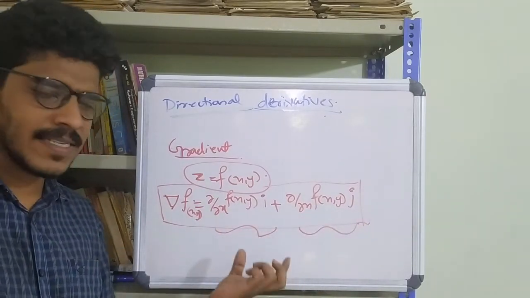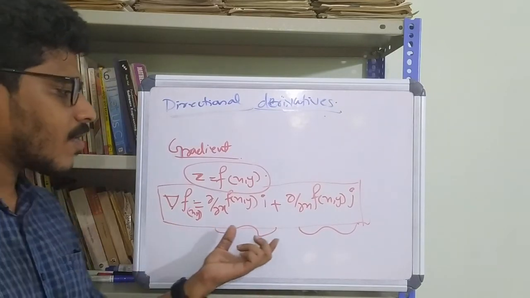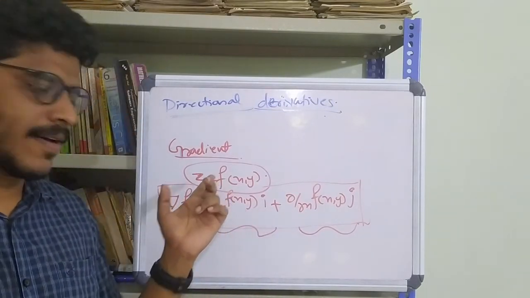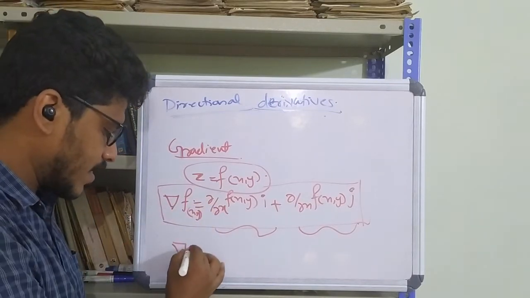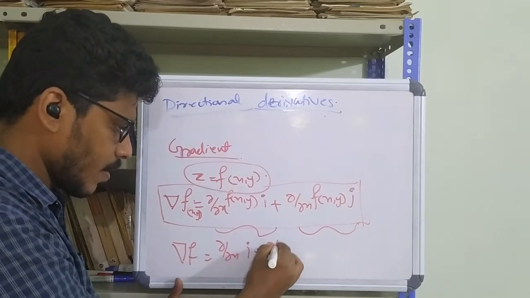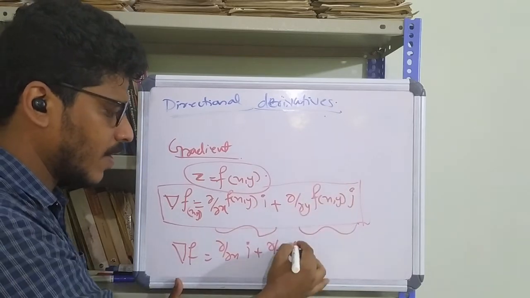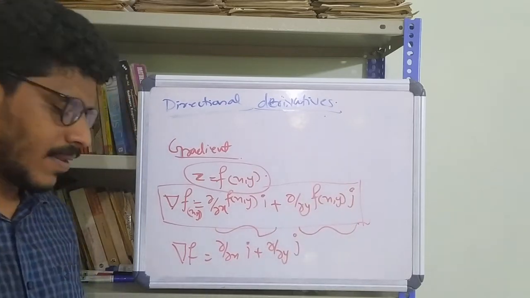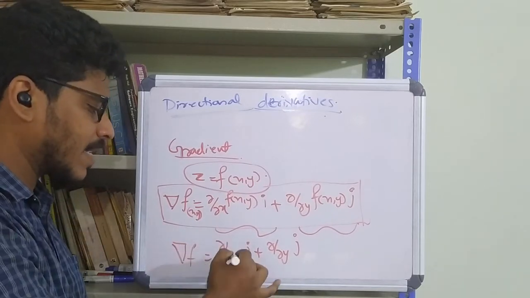So this is a vector valued function, and this is called the gradient of f. This gradient operator is nothing but dou by dou x i plus dou by dou y j. If it is f, you can simply plug f here.